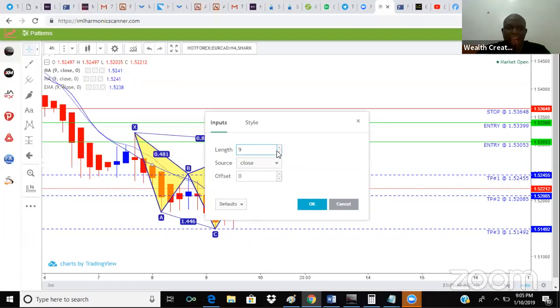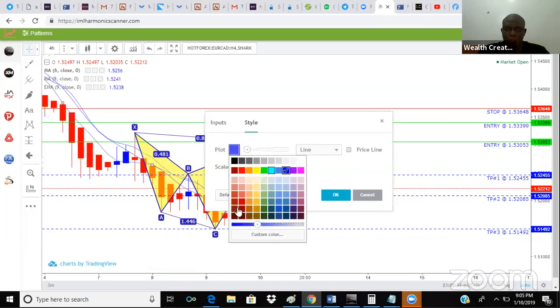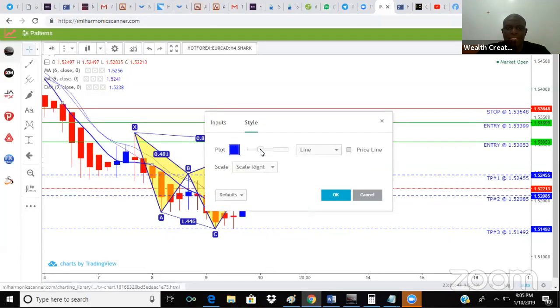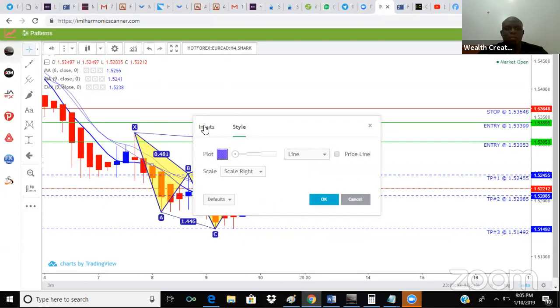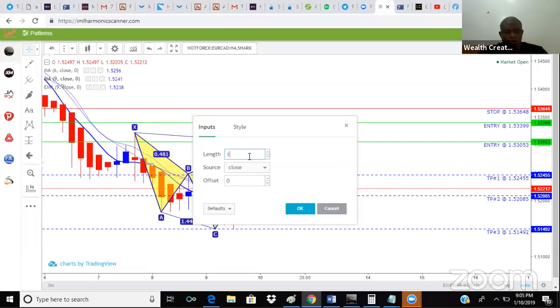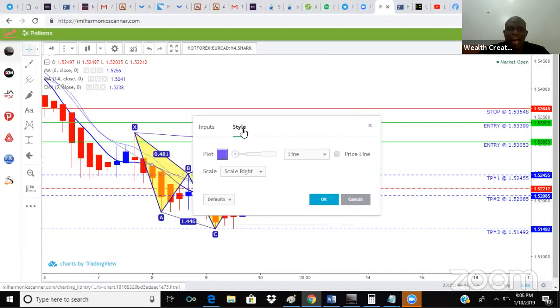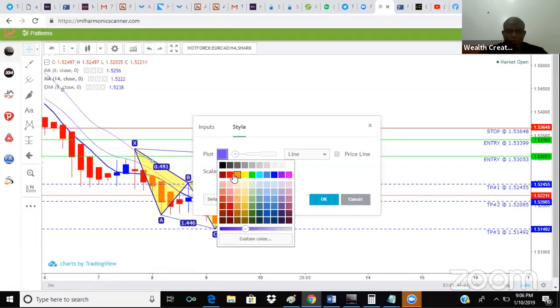Number one, the moving average is 6. The color is blue. And I will tick it a bit. I click on OK. The second moving average is 14. Style is red. I will make it thicker and bolder.